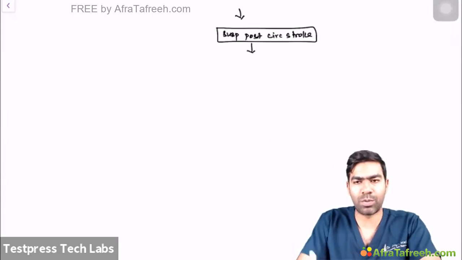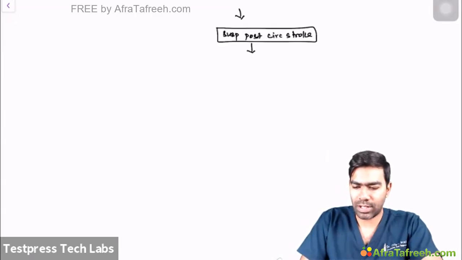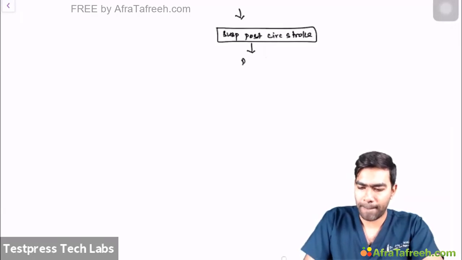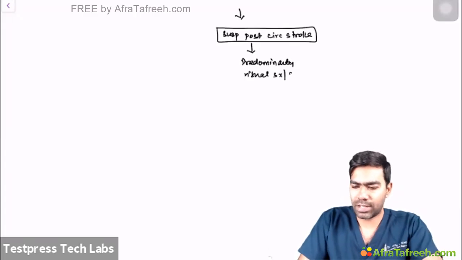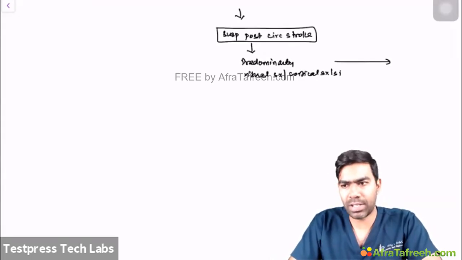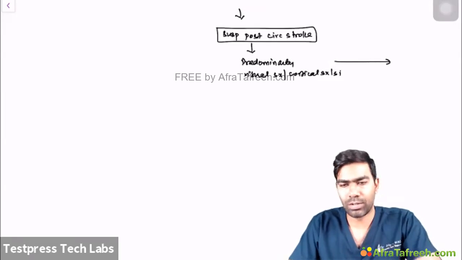In the event of a posterior circulation stroke, the next thing you have to do is see whether the patient has predominantly visual symptoms, or any evidence of other cortical symptoms and signs, like memory loss, amnesia, or prosopagnosia.